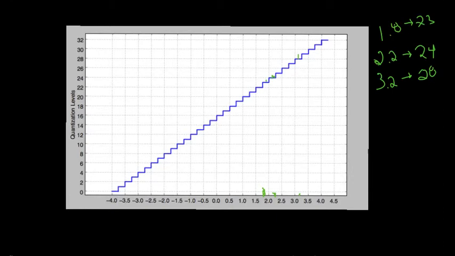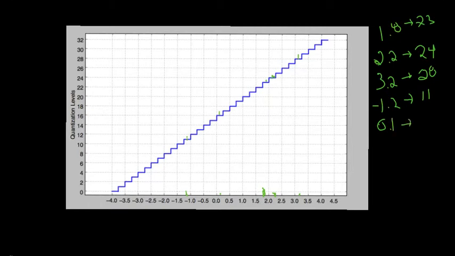And then negative 1.2, right here, maps to the 11th quantization level. And finally, 0.1, right around here, maps to the 16th quantization level.